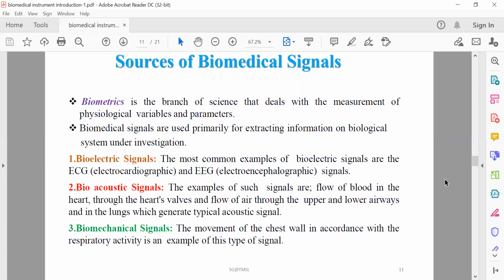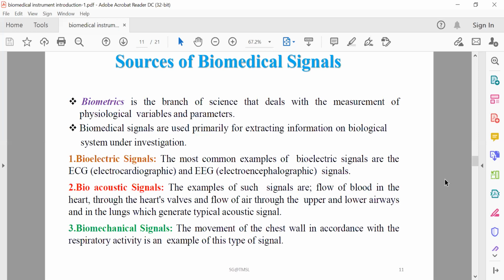Now, coming to the different sources of biomedical signals. So, what is biometrics? Biometrics is the branch of science that deals with the measurement of physiological variables as well as parameters. Biomedical signals are used to extract information on a biological system under investigation.